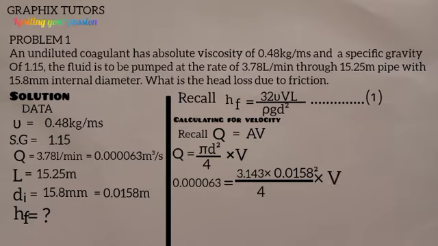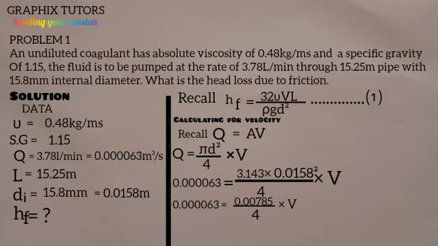You can rewrite this as 0.000063 equals 3.143 times 0.0158 squared, which gives us 0.00785, divided by 4 times the velocity.